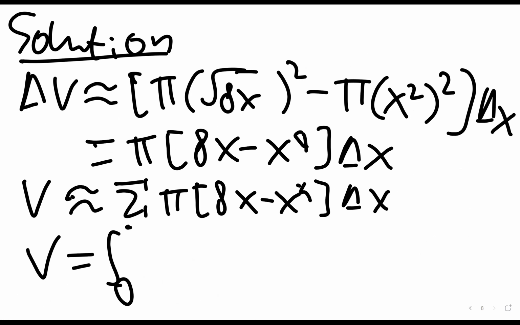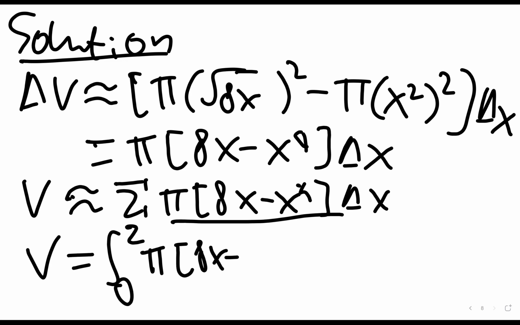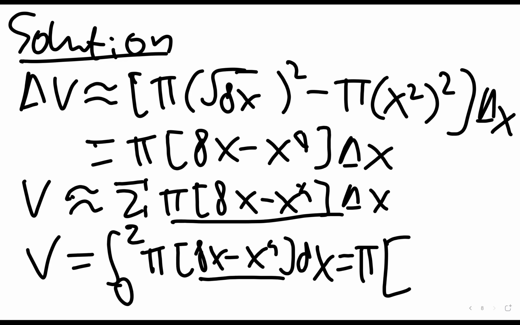So the integral from 0 until 2, and the integrand is pi 8x minus x to the power 4 dx. Of course, if you want to solve this, just look for the antiderivative of 8x and the antiderivative of x to the power 4. That will be 4x squared minus x to the power 5 over 5, and x is from 0 until 2.